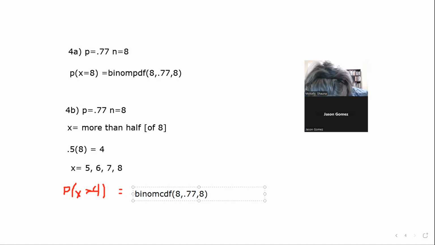And the ones we don't want are the first 4. So binomial CDF, 8, 0.77, and we want to stop subtracting when we get to 4. So we want to add up 5, 6, 7, and 8, which is what this command will do for us. Okay, that's this.